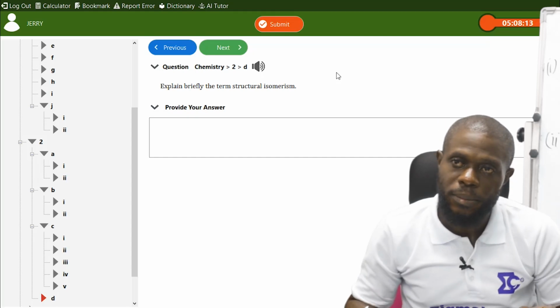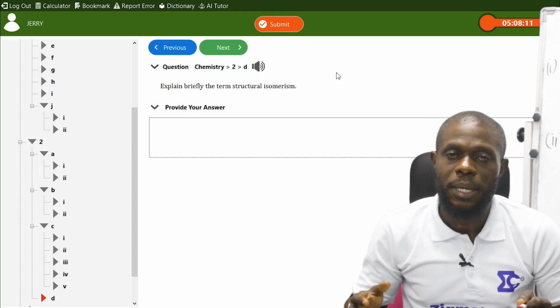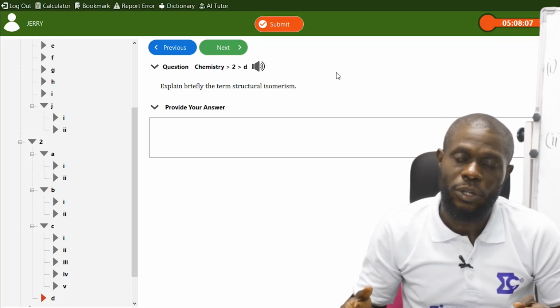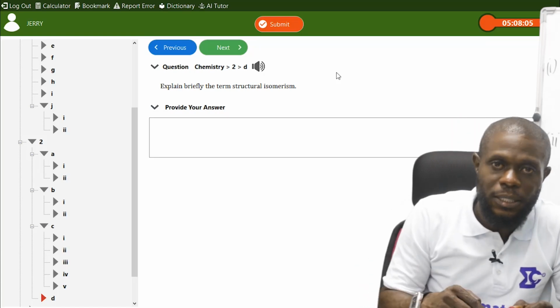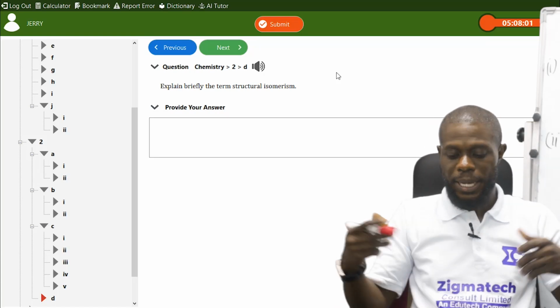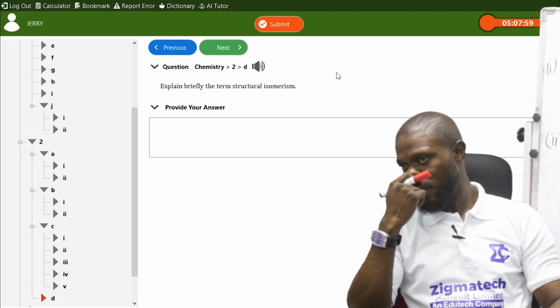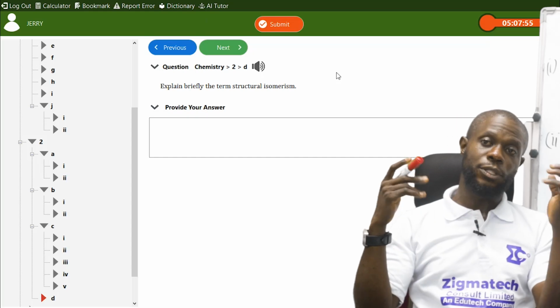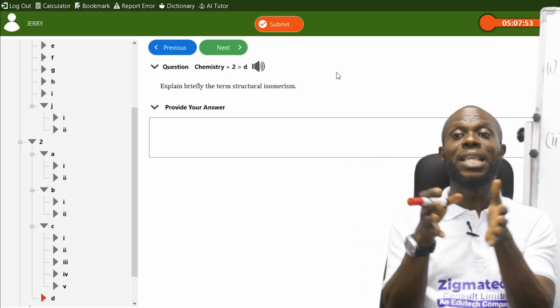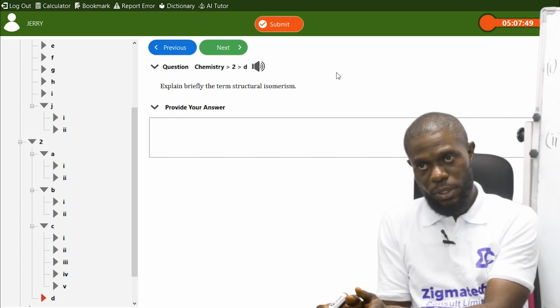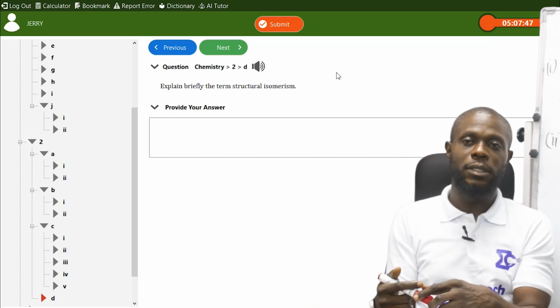This talks about how the arrangement of atoms is different, while geometric isomerism is talking about the arrangement with the carbon. This one is talking about how their atomic arrangement differs.